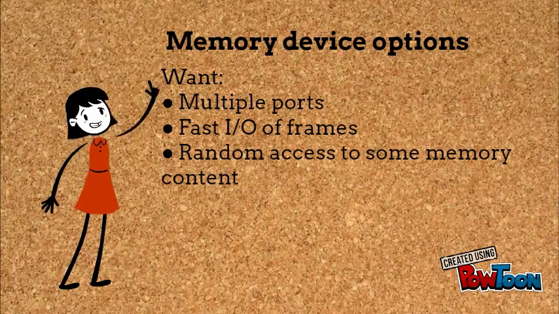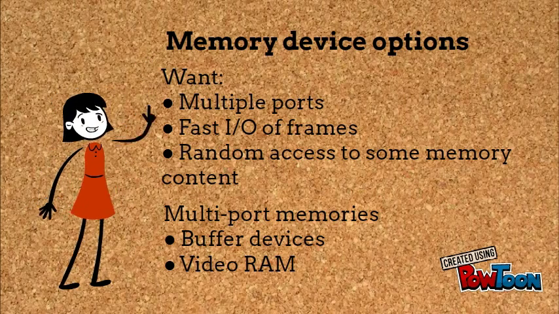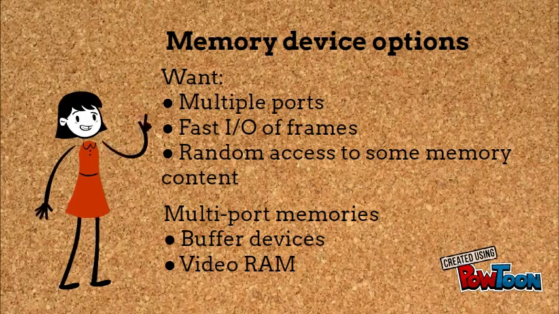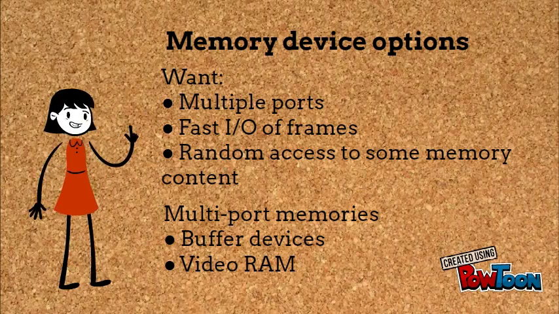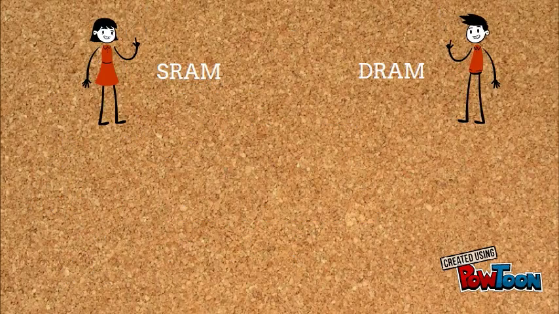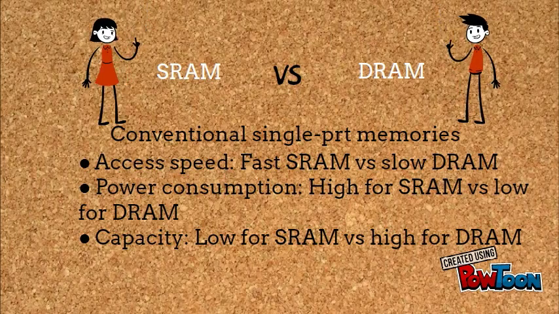When we choose memory devices, we want the device to have multiple ports, fast input and output of frames, and random access to the same memory. Among multiple port memories, we have buffer devices and video RAM. Static RAM and dynamic RAM are conventional single-port memories, but static RAM has faster access speed, though high power consumption and lower capacity than dynamic RAM.